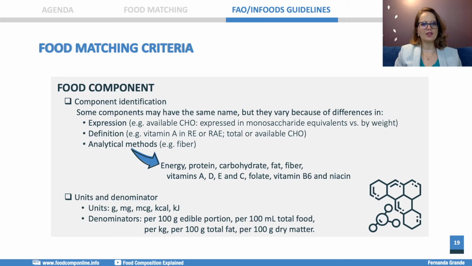So, for example, vitamin A can be defined as retinol equivalent or retinol activity equivalent, and the values are completely different for plant-based foods. We also can have total or available carbohydrate, and they are also different definitions of carbohydrate. And we can also have differences due to the analytical method.